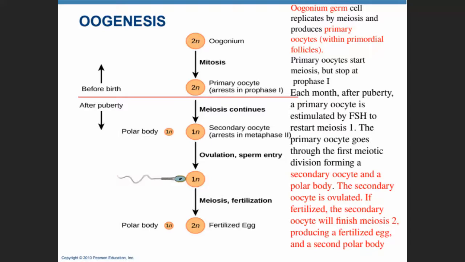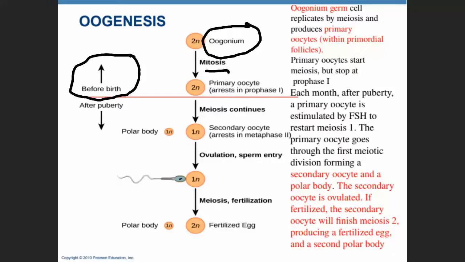The process begins before birth in the female fetus, when the germ cell, the oogonium, will begin to divide by mitosis, creating the primary oocytes. Primary oocytes will initiate the first meiotic division, but it does not finish it.